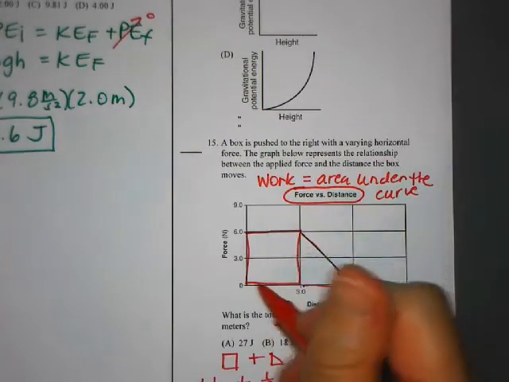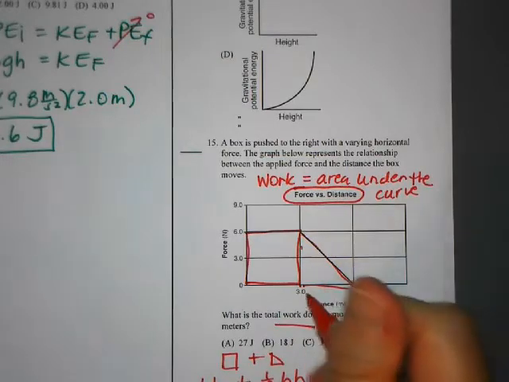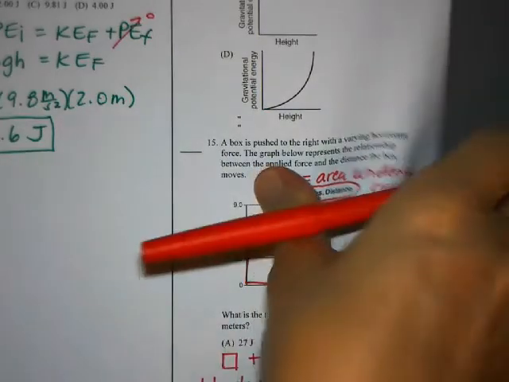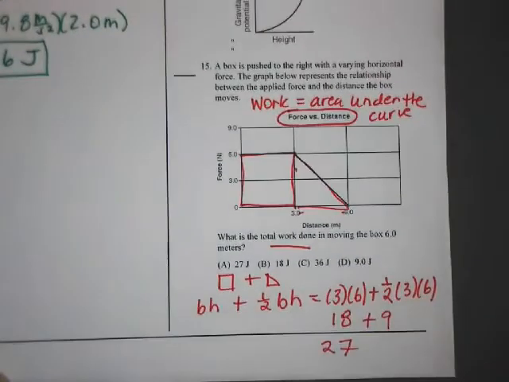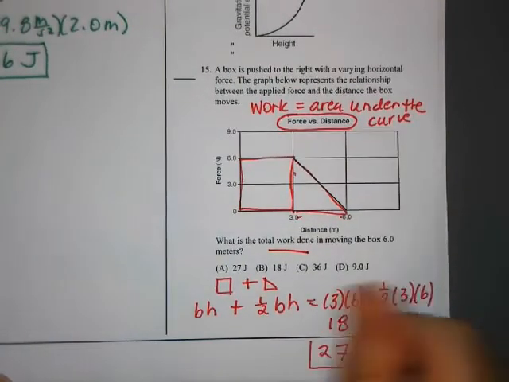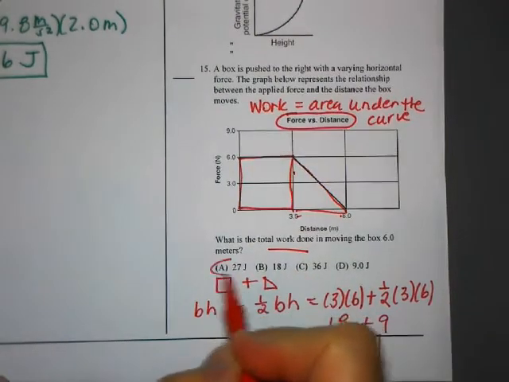So now when we look at it, this is 3 times 6 plus 1/2 of 3 times 6. 3 times 6 is 18, and then 18 divided by 2 is 9. So my answer comes out, whoops, I'm off the camera, 27. So this is going to be 27 joules. And that is choice A.